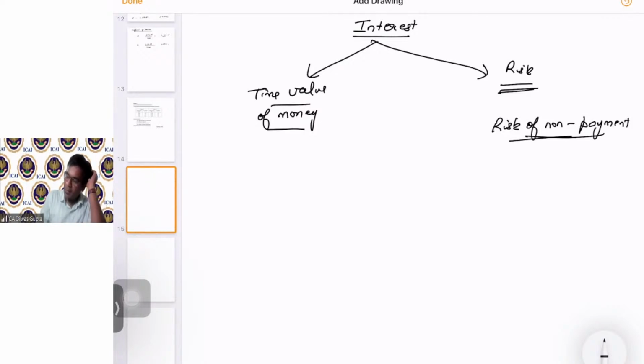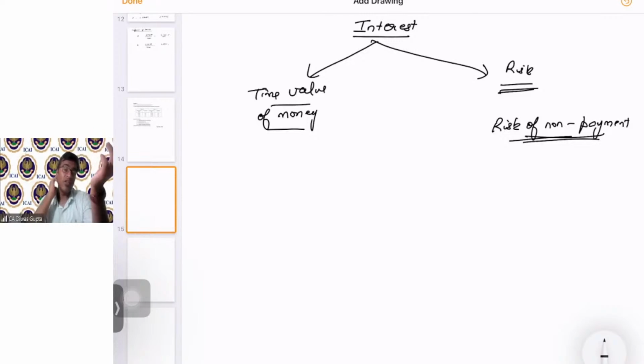So risk of non-payment, ultimately what happens if you are lending money to someone whom you know that the credit rating is not good, the credit worthiness is not good. It might be possible that the borrower would not be able to repay the loan along with the interest also.